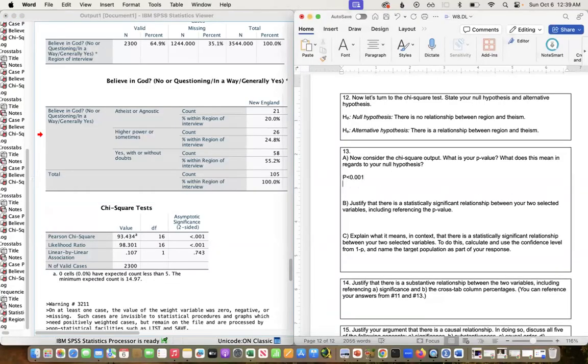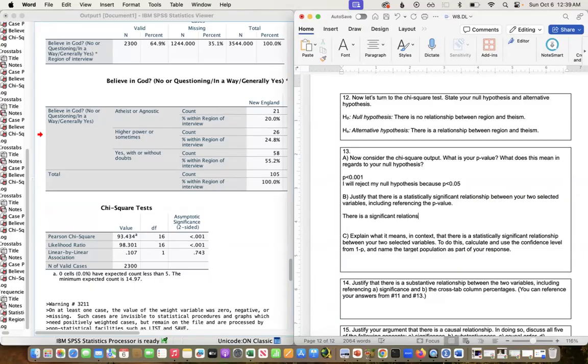So that means I'm going to reject my null hypothesis, that there's no relationship, because that's less than 0.05. So that means that there is a significant relationship. P is less than 0.001, which is less than 0.05.